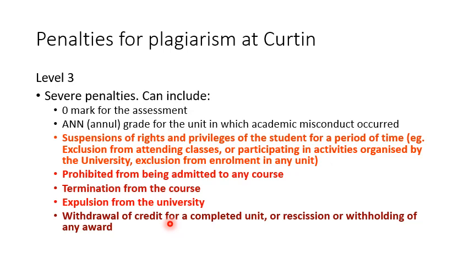So if you want to continue, you have to repeat. Or the worst one is to have rescission on your award. We can take back your degree. That's scary, right? So please note that this plagiarism thing is with you forever, because we can take back your degree.